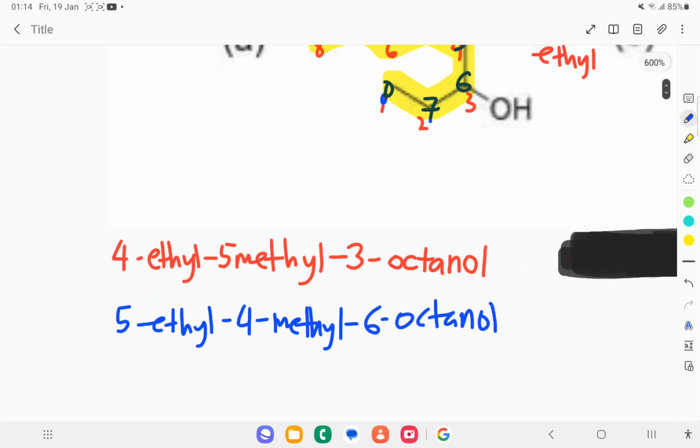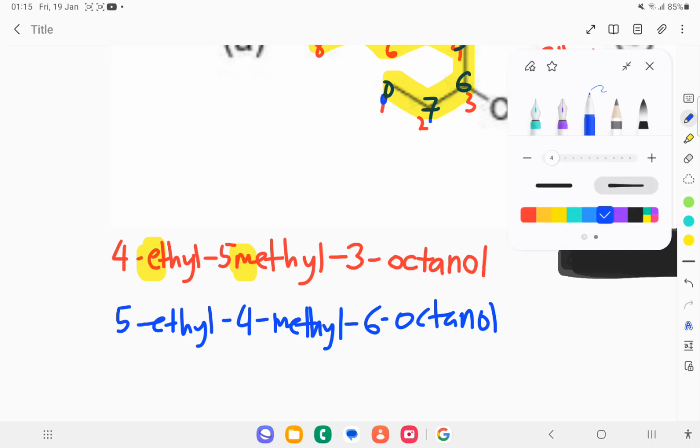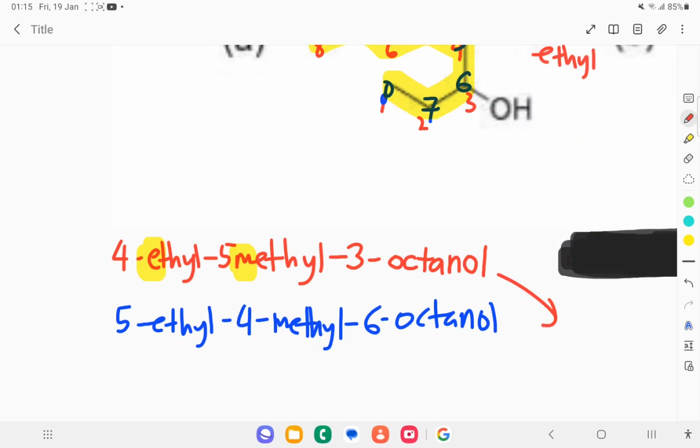First, you must name the compound by following alphabetical order, where E comes first before M: A B C D E F G H I J K L M. And then the second rule is that you must make sure it gets the lowest number, which is 4 plus 5 plus 3, becoming 12.